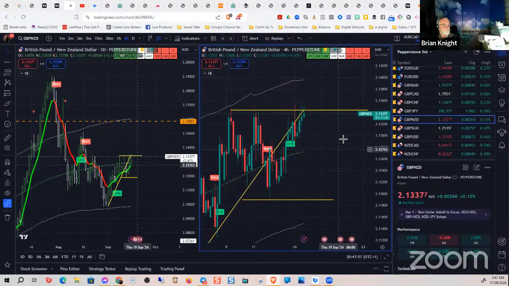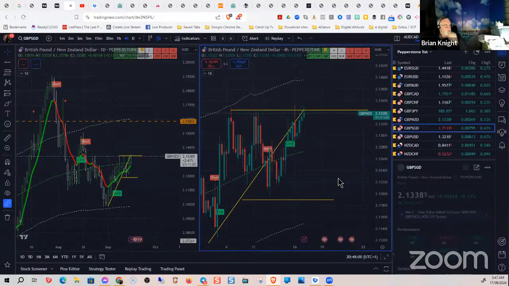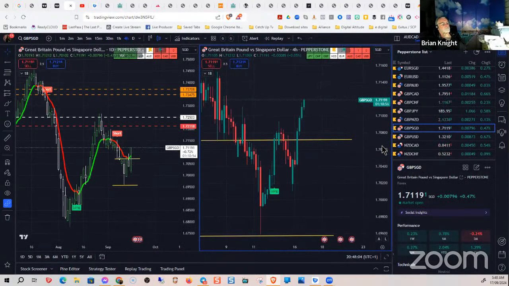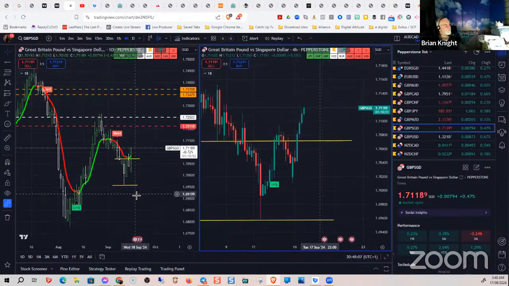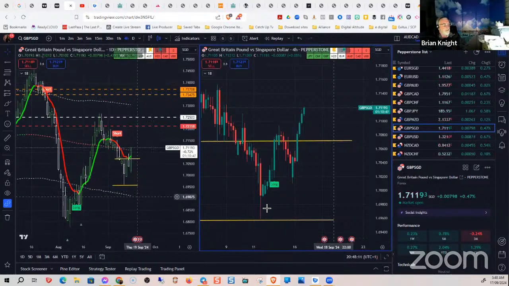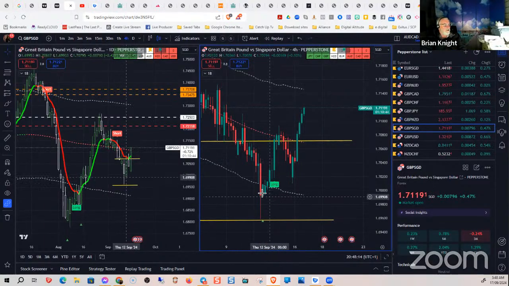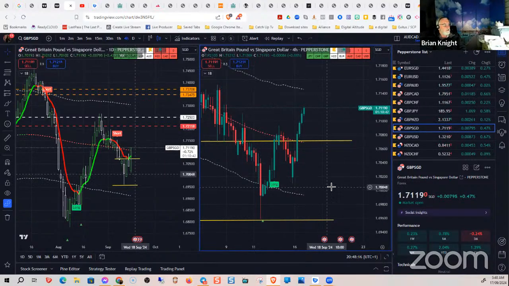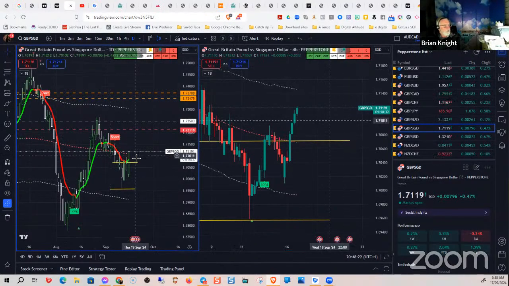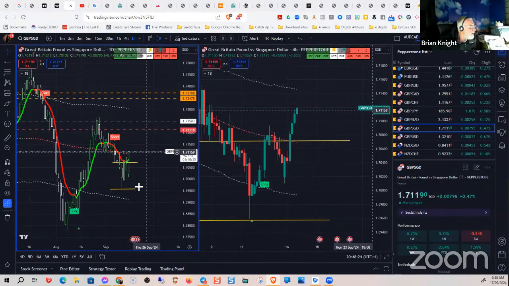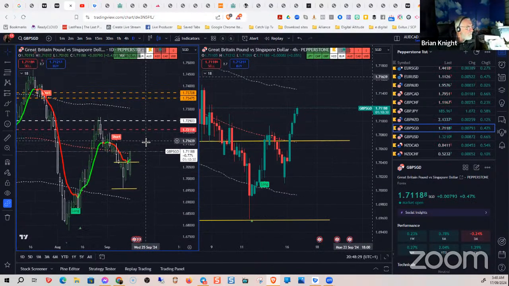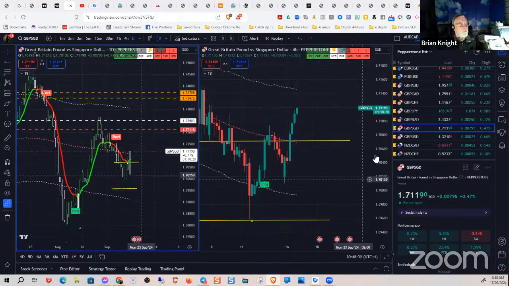Rightio, GBP Singapore. Again, you're getting this sort of big wick off the bottom out here, and then off it goes. It hasn't broken the short to the left on the daily, but it's certainly pushing that way. We'll see. Again, we've got all that news coming.